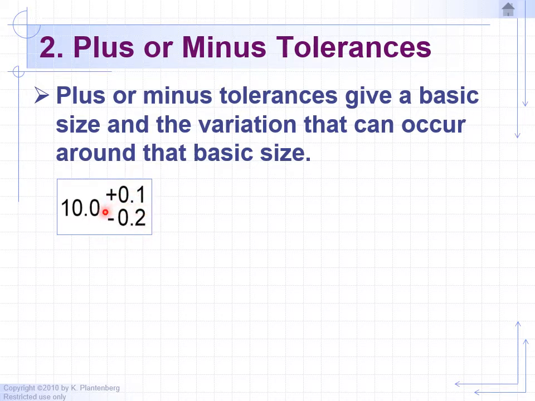And you say you can be off by minus 0.2. So it's just 10 minus 0.2, which is 9.8. So here the machine shop knows as long as the length of the item is 9.8 up to 10.1, it's acceptable. Anything beyond that would be rejected.